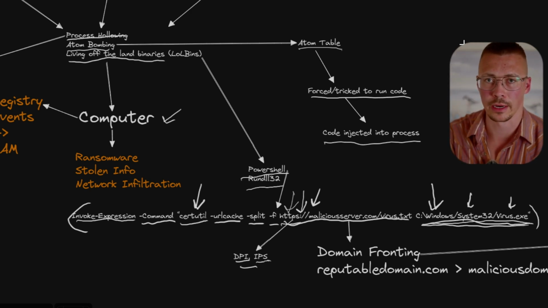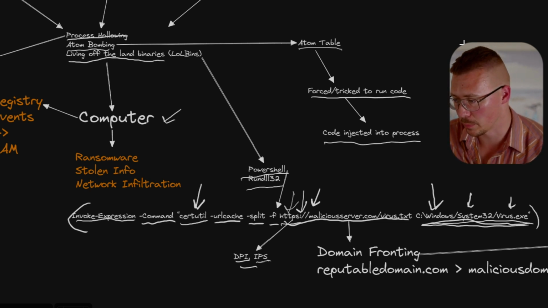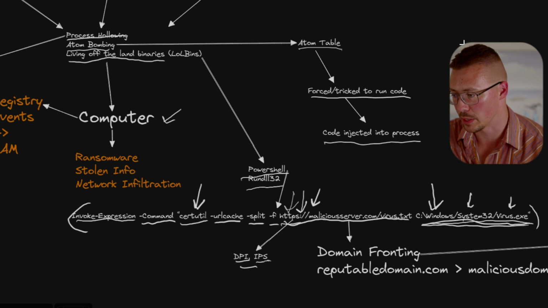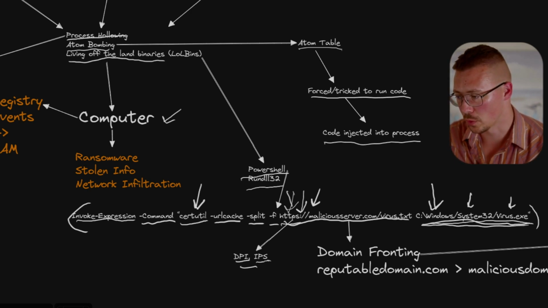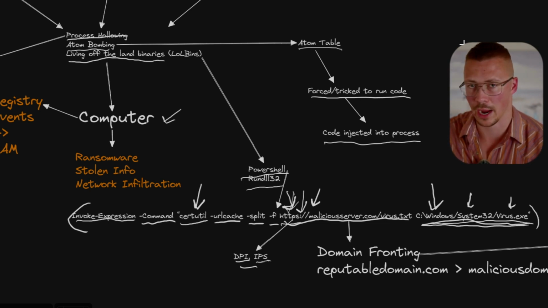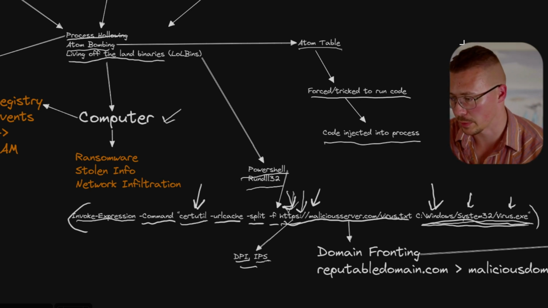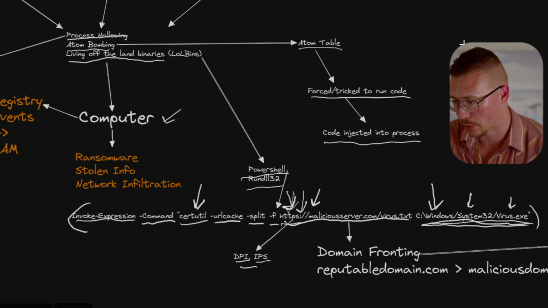Now, hopefully on a corporate or government machine, they will be able to scan HTTPS traffic as well. Some DPI is not capable of doing that. But on a home machine, your antivirus, your firewall, whatever, is most likely not going to be able to decrypt this HTTPS traffic. So that's one thing that can be an issue, and that's also why I wanted to cover that.